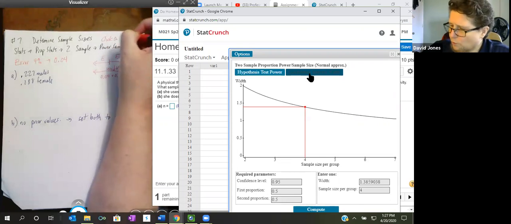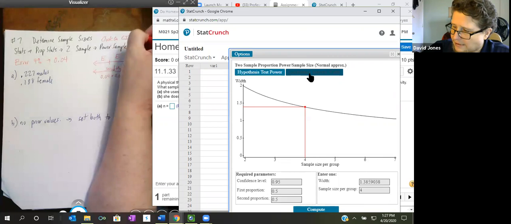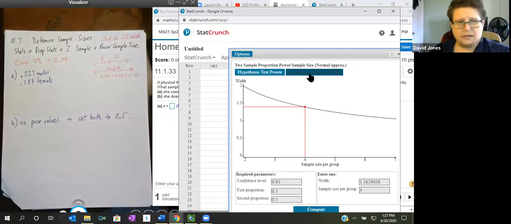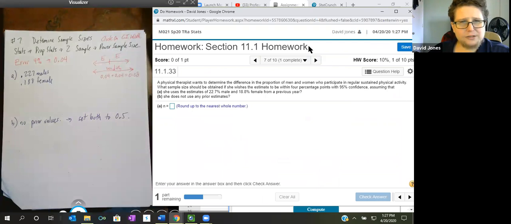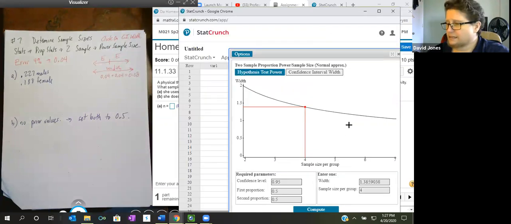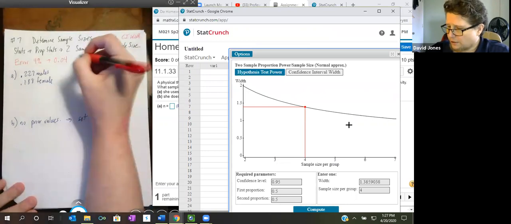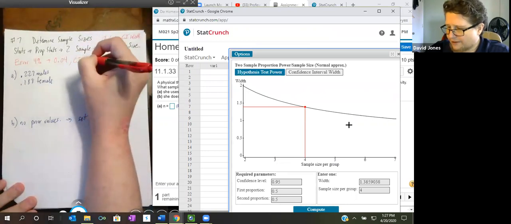Confidence interval width, it says. They gave us a confidence level. They said 95%, that's important. We're gonna need that, so I'll make a note of that. CI is 95%.